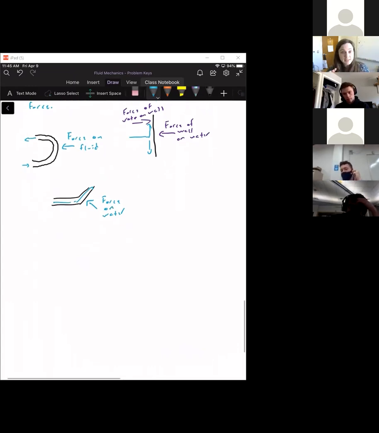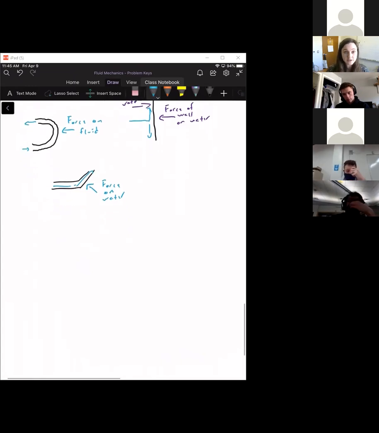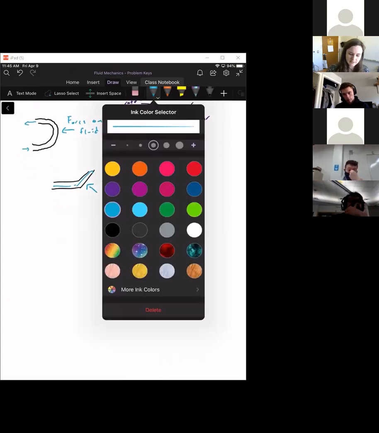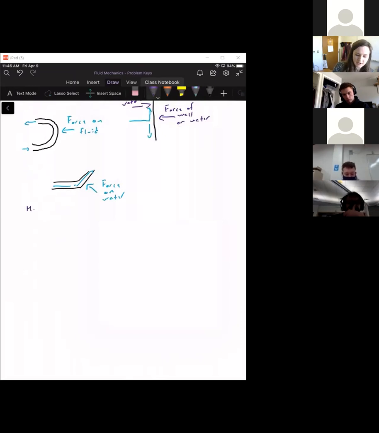Okay, and we did problems like this in the general how to solve problems. Dr. Nickerson? Yes? Real fast. So like these forces of wall on water, those are the reaction forces, right? Well, they are equal to what we called reaction forces when we set up problems, which often turned out to be the same as the force of the wall on the water.